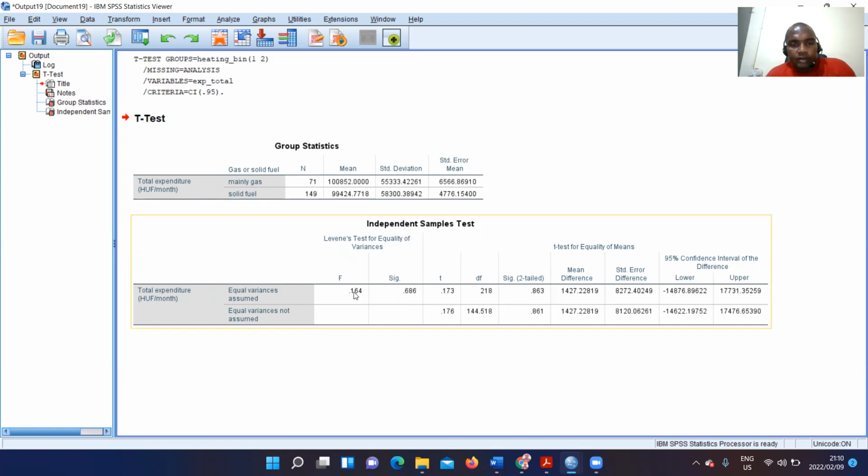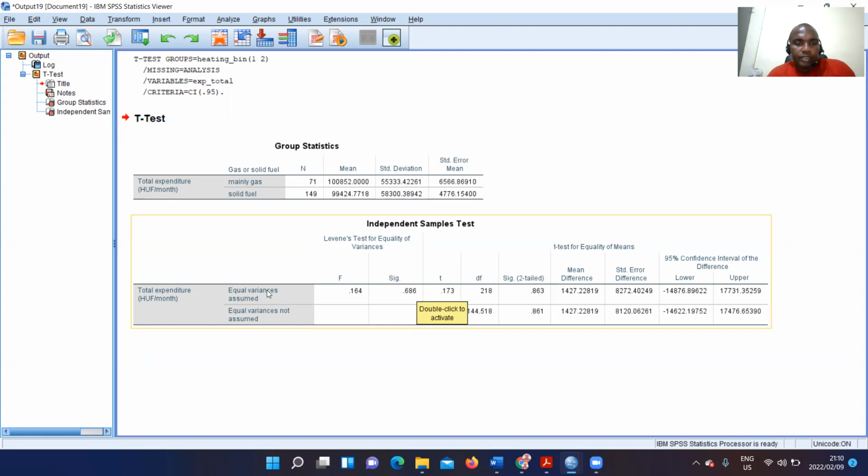If you check your F statistic, it's 0.164. And the significance probability of that F statistic is 0.686, which is above 5%.